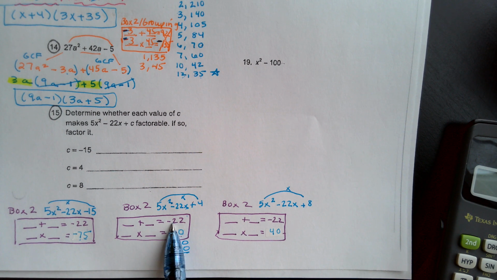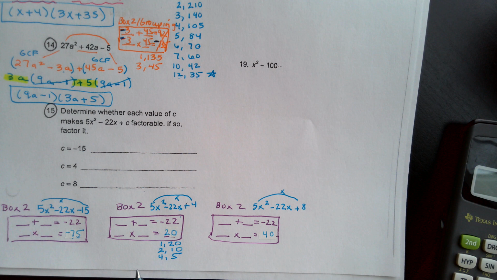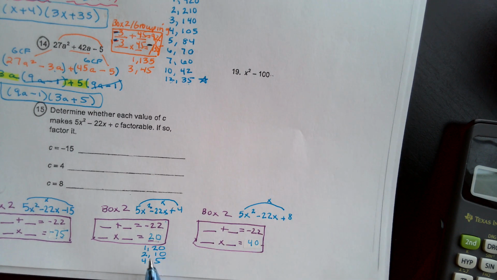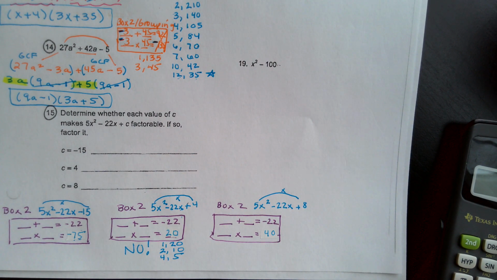And in order for that to be negative, they're both going to have to be negative. So can you see any of these that when I add them together, I'm going to get negative 22? Negative 4 plus negative 5? No. Negative 2 plus negative 10? I'm checking this one. No. Negative 1 plus negative 20? No. None of these options would work. So that's a big no.